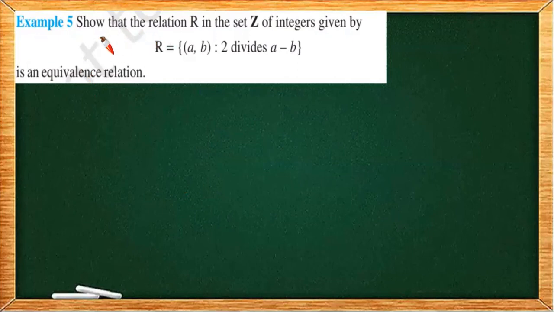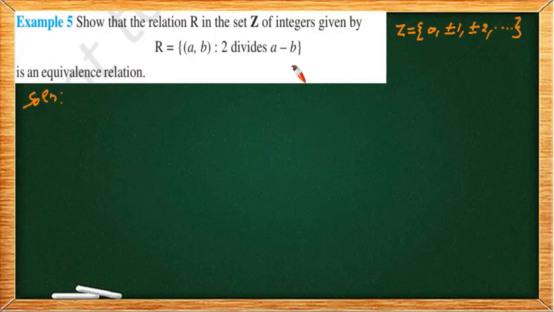Now, in example 5, we have to show that this relation R defined on the set of integers, given by R = {(a, b): 2 divides a − b}, is an equivalence relation. So let us see. First of all, we will see what this set of integers is. We write the set of integers as 0, ±1, ±2 and so on. It is an infinite set of integers.